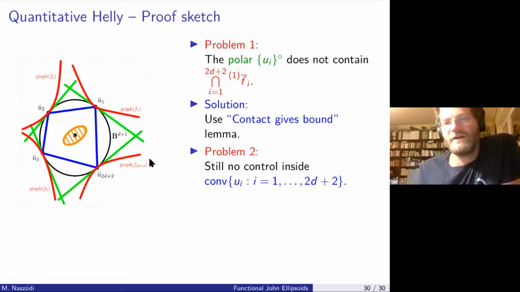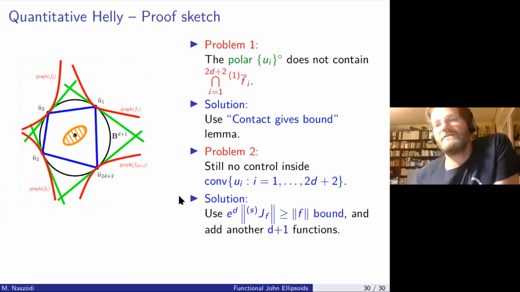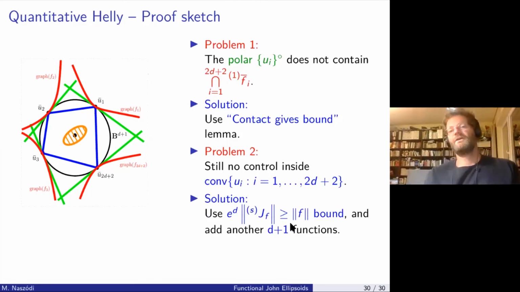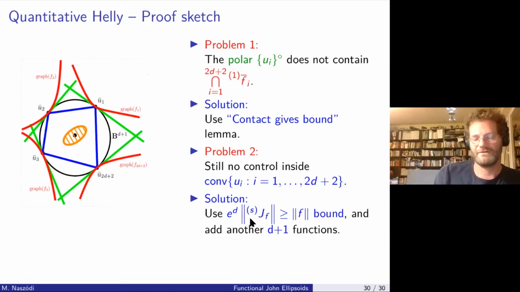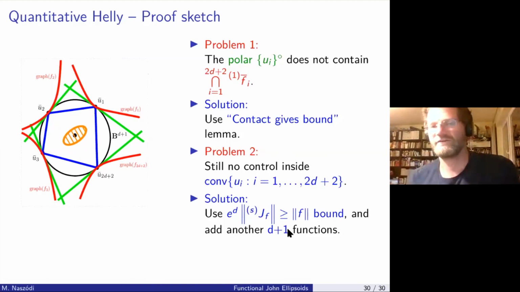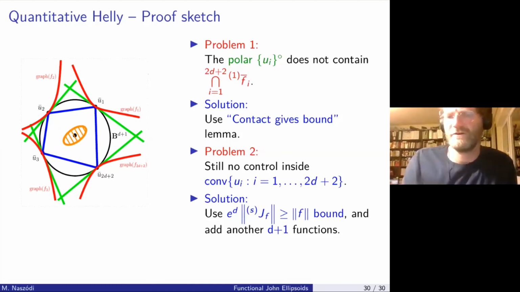And then we use the bound that for s equals 1, the norm of the John 1 function is bounded from below by the norm of F. But in order to get this norm of F, we have to add another d plus 1 functions.